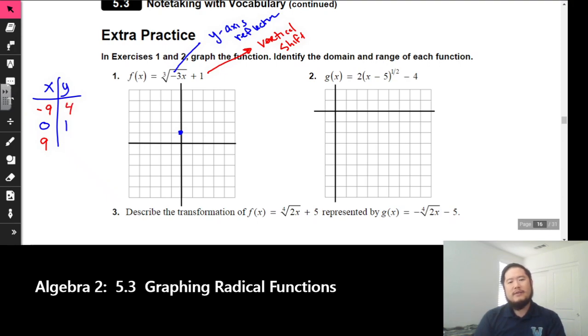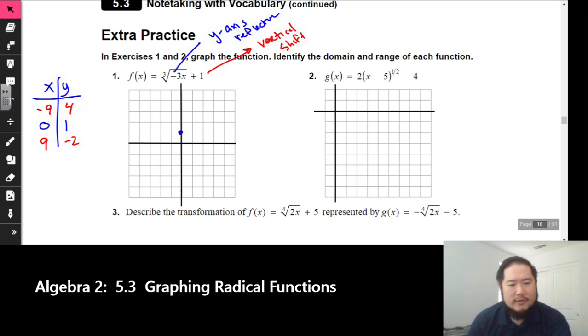Let's plug in positive 9 next. And so you'll have the cube root of negative 27, which will be negative 3. And then negative 3 plus 1 is negative 2. So let's go ahead right here. To make this work, I'm going to have to say intervals of 2. Right, so we got negative 9, 4.